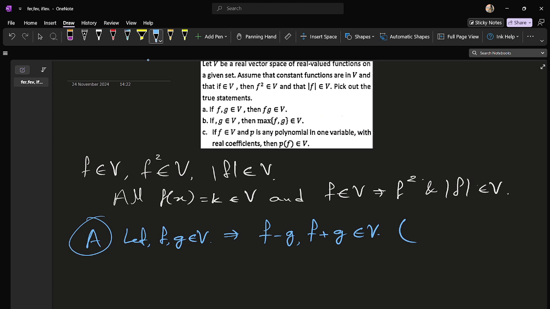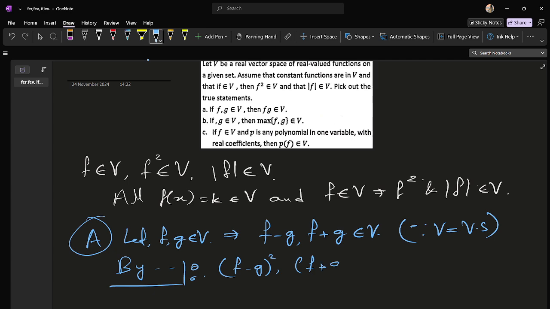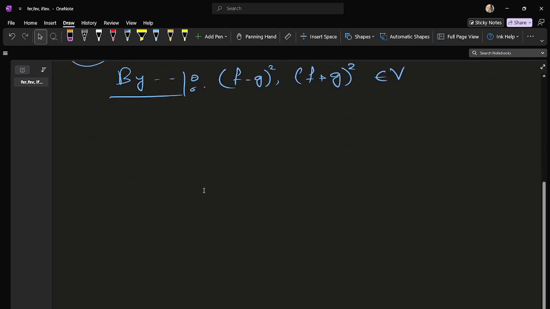After that, by the given condition, f minus g whole square and f plus g whole square will also lie in V. Then the difference of them will also lie in V.